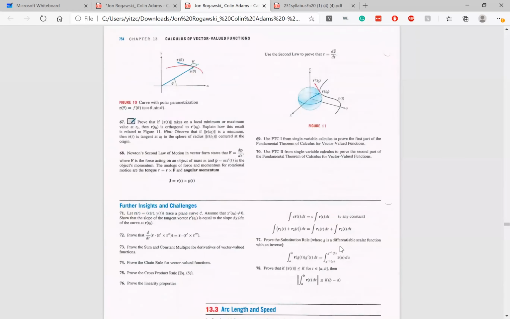Okay, so let's begin with arc length and speed.